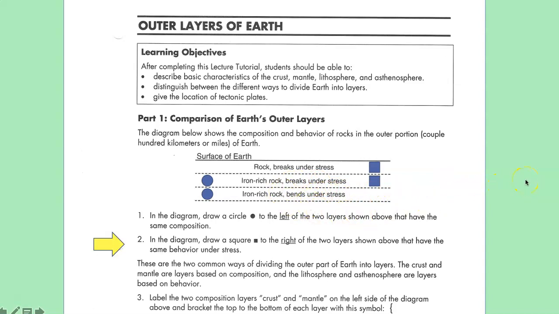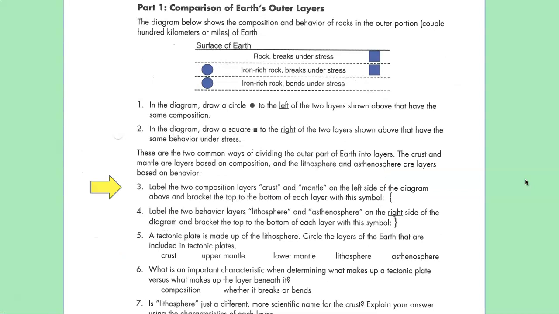It's ductile. Number 3, label the two composition layers, crust and mantle, on the left side of the diagram with brackets. So the crust is that uppermost layer that's a rock, not an iron-rich rock. And the mantle includes both of the iron-rich rock layers. Number 4, label the two behavior layers, in other words, the lithosphere and the asthenosphere.